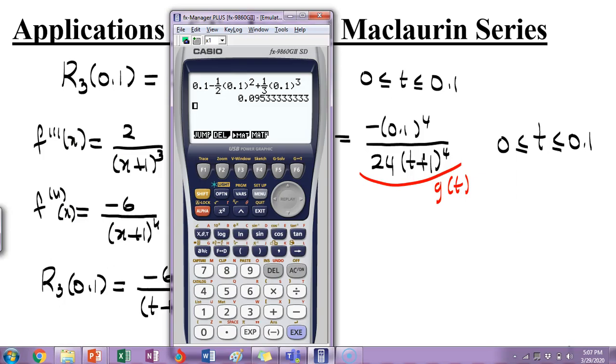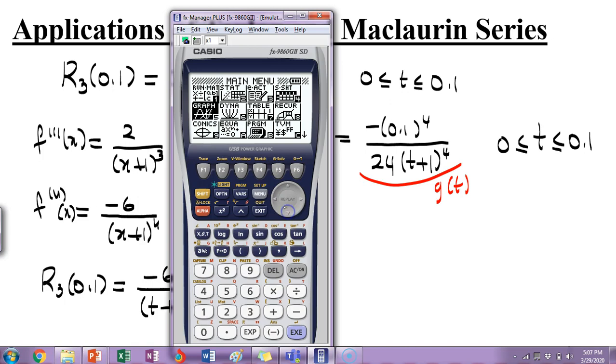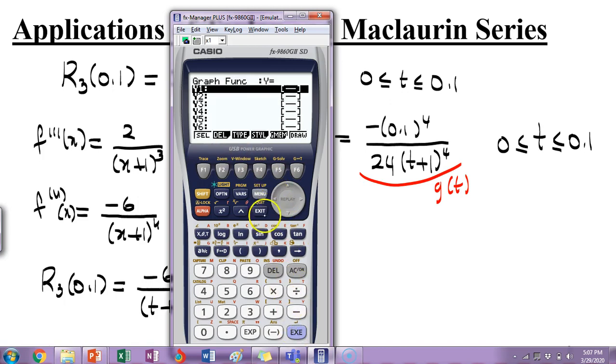So here, I'm going to use my GDC. Going back to the menu, I'm going to go for graph, and graph the standard function that links to this one, which is negative 1 over x to the 4.